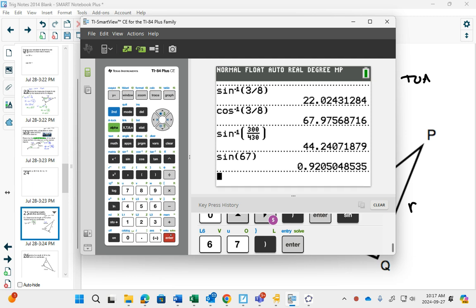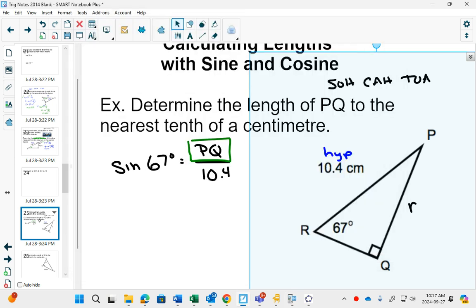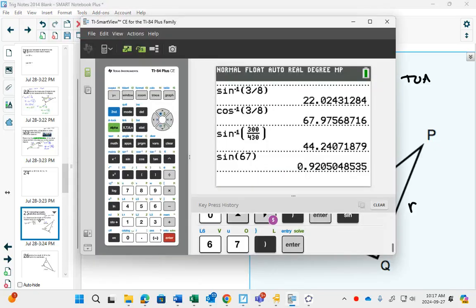So you could have 92 over 100, 46 over 50, 23 over 25. Those are all examples of 67 degree triangles with the opposite side over the hypotenuse. But unfortunately, our triangle has something over 10.4. We need the something over 10.4 to equal 0.92.